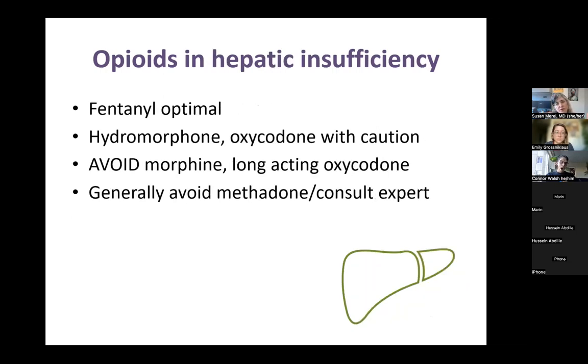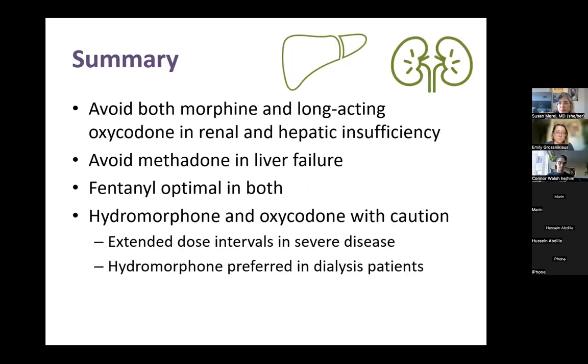In terms of liver failure, fentanyl, again, is also the technically correct answer, but luckily hydromorphone and oxycodone are also totally fine. Methadone should be used with caution in patients with liver failure, and you should have an expert help you out. So as a summary, we should avoid both morphine and long-acting oxycodone in significant renal and liver failure.